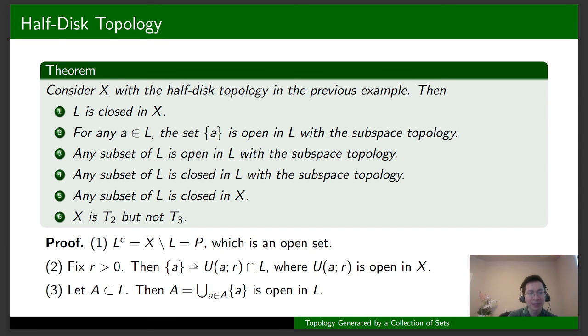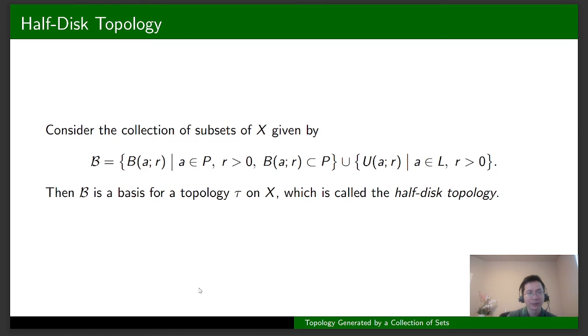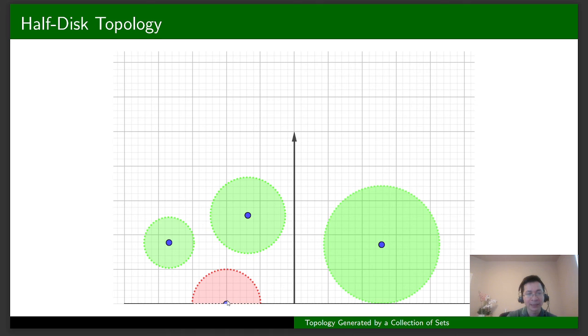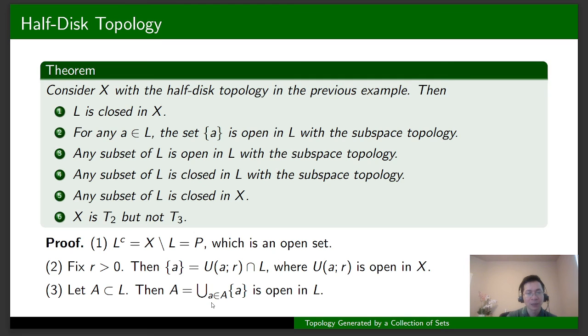So how come this property is satisfied? We can look at this figure here. So if we take any A in L, it's the intersection of U_{A,r} with L. Consequently, for any subset A of L, A is the union of all single point sets in A. So A is open in L.